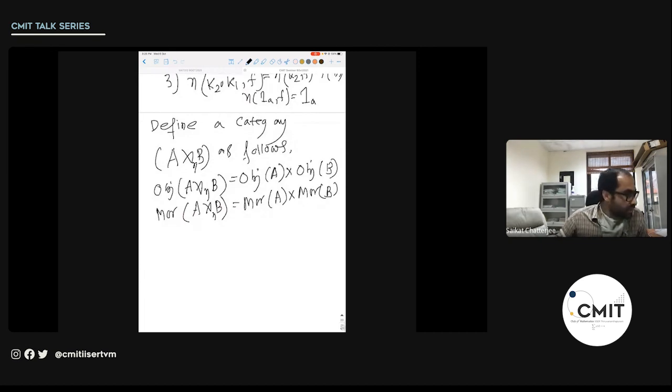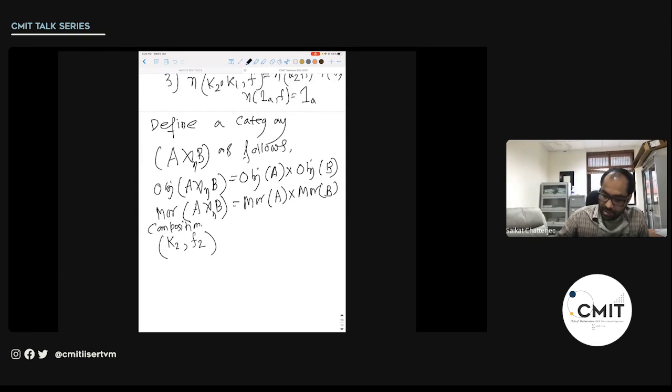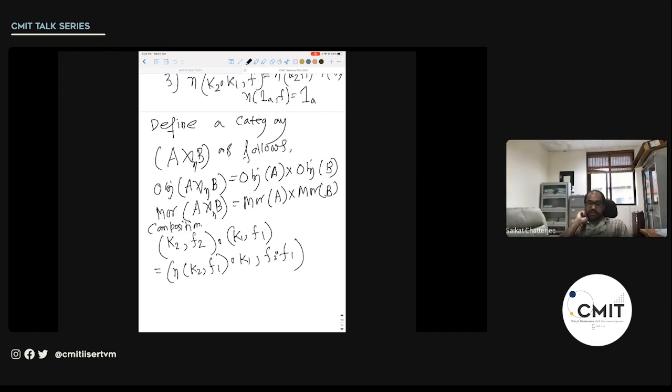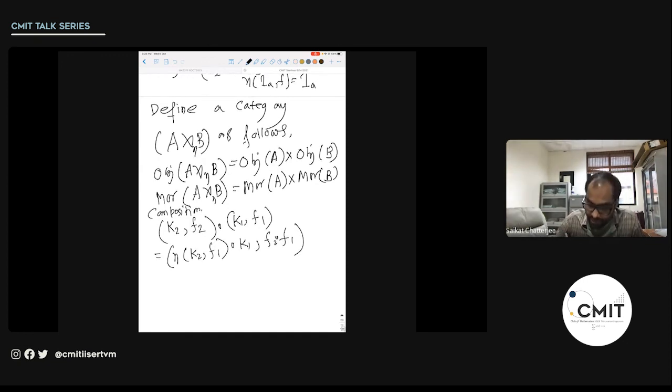But when I do the composition, K2 F2 compose K1 F1 is given as eta K2 F1 K1 F2 compose F1. So if you define this composition in this fashion, then you can verify actually that this also gives you a category.